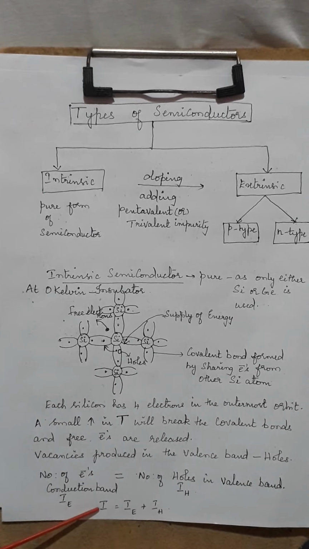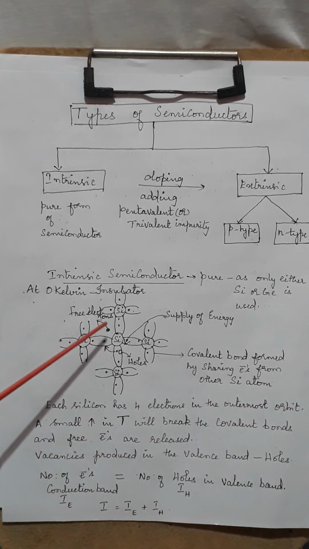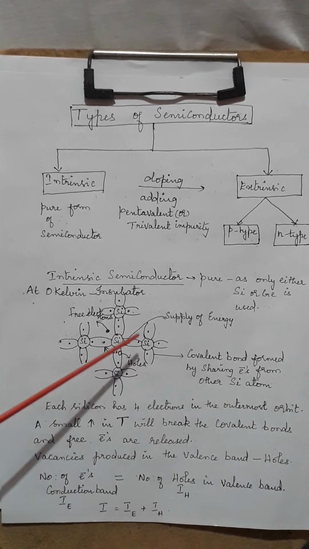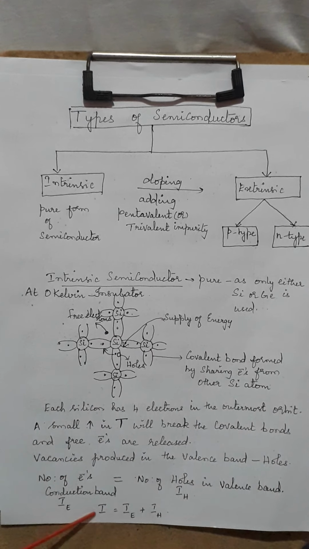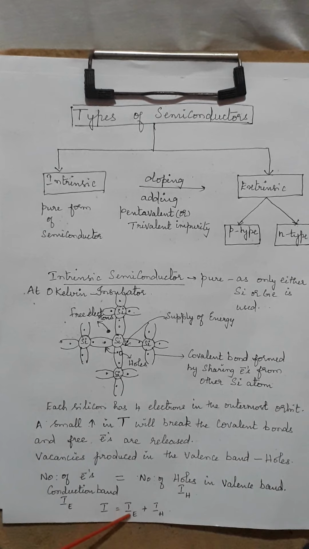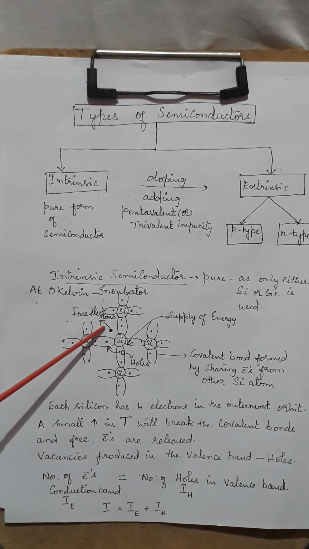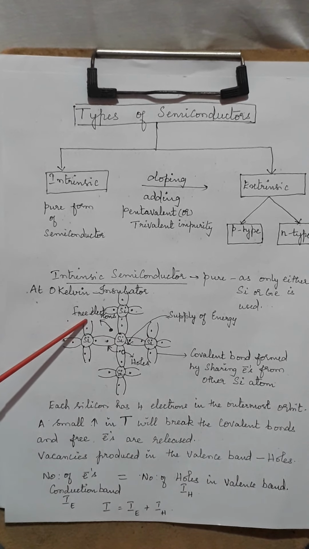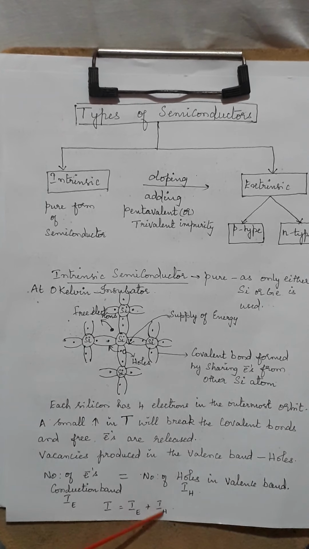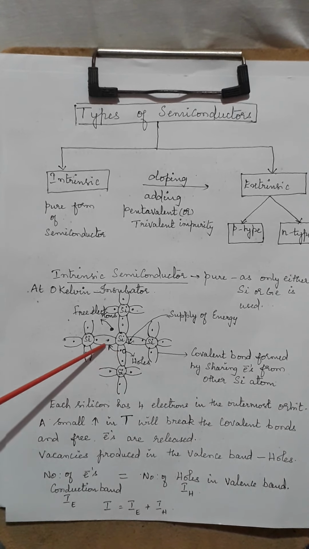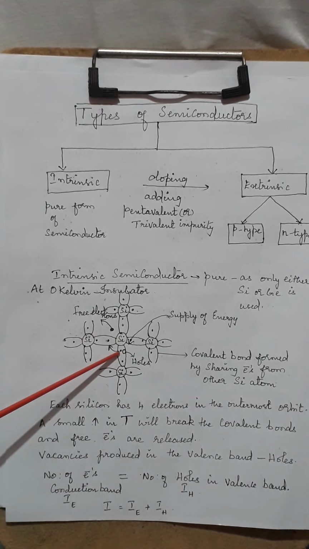So the current which is produced, because we know that when electrons start moving, current will be produced. That current is I_E, due to the movement of electrons. Then I_H: when holes start moving, they also produce some current.